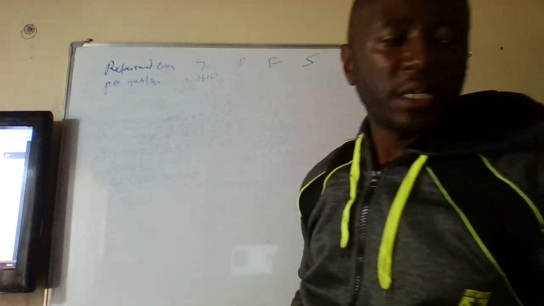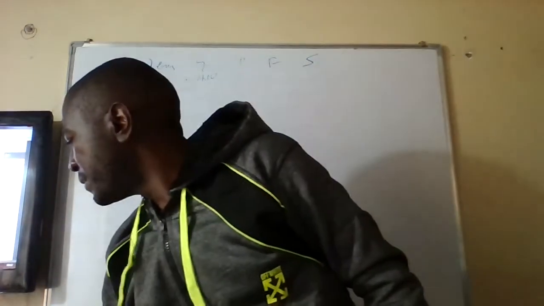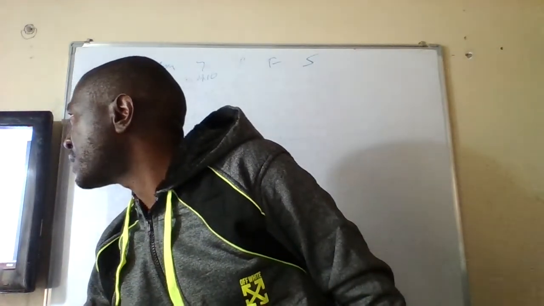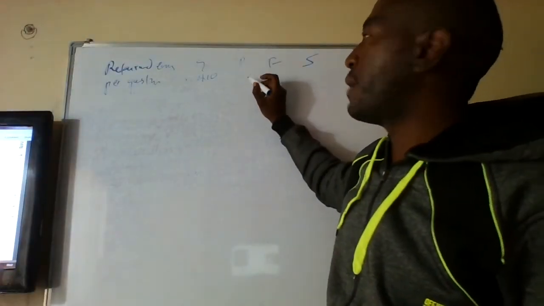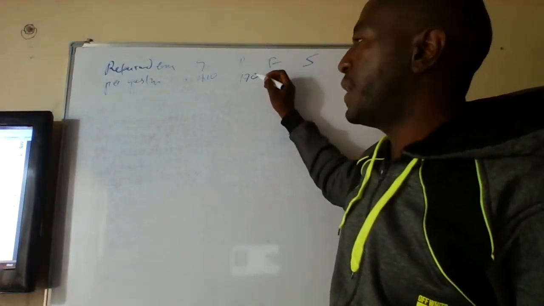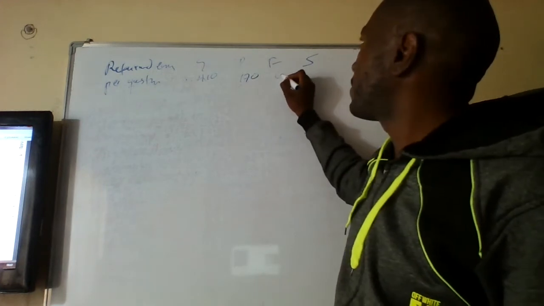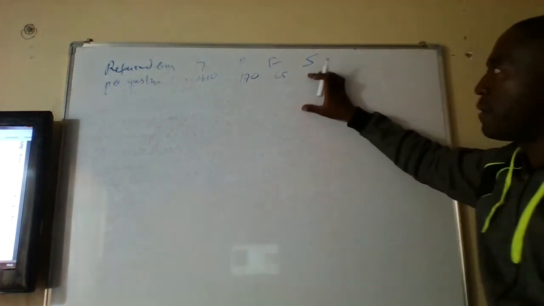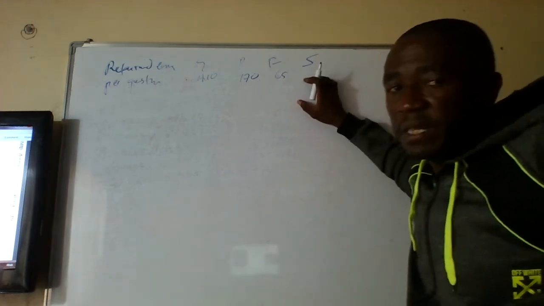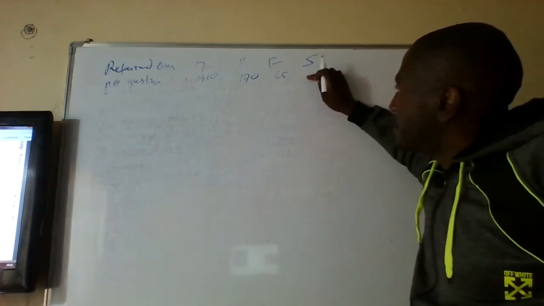Let's see what is in the balance sheet. The balance sheet is 410, and for PAC it's 170, and for fence it is 65. Now you don't need, this is already the group share. What goes to group share was already given in note number 3.